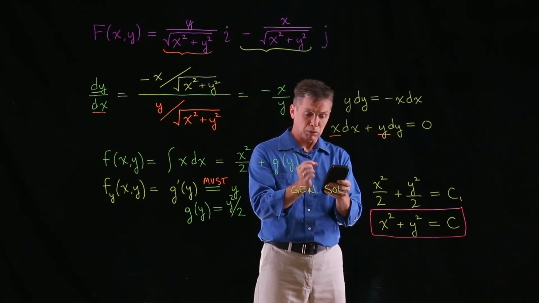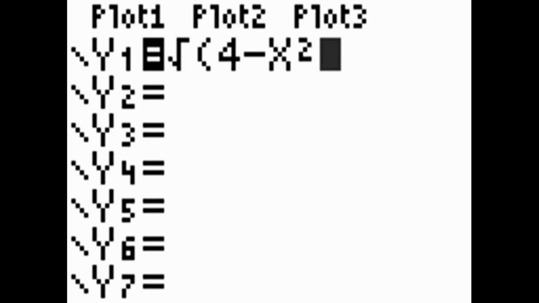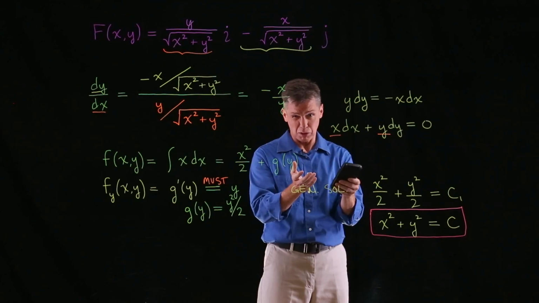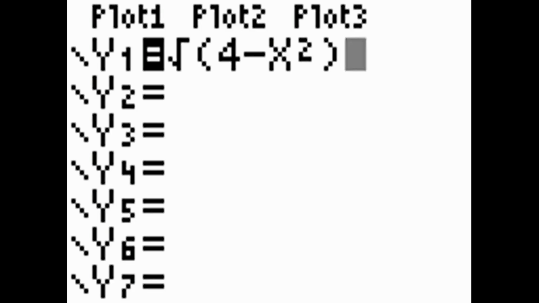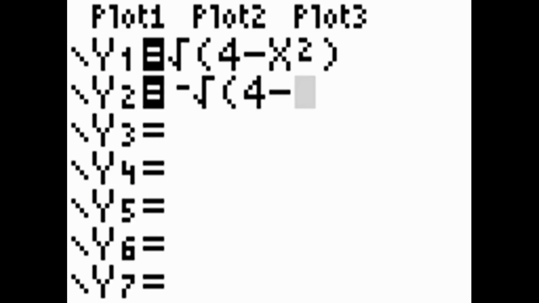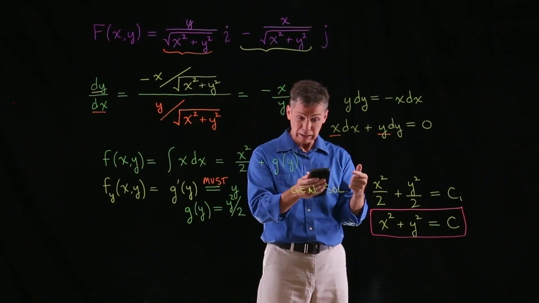I'll break it apart with my y sub 1 equaling square root of 4 minus x squared, close parentheses. You see what I did is I solved for y. You would know to do that to get it into a graphing utility. As my second function, my y sub 2, I'll put in the negative square root of 4 minus x squared. I did mention I'm going to throw in a c value of 9 here.